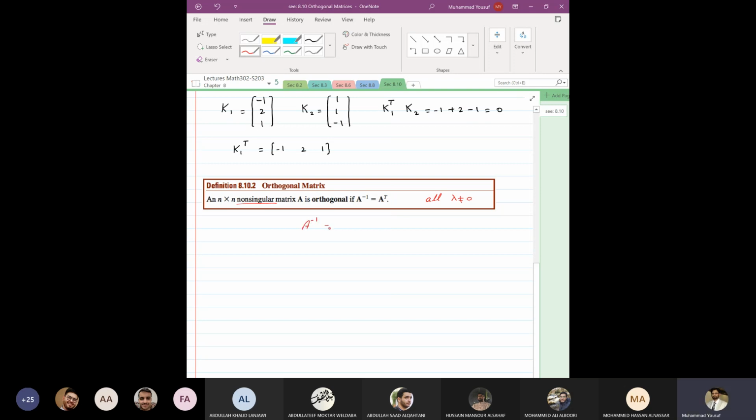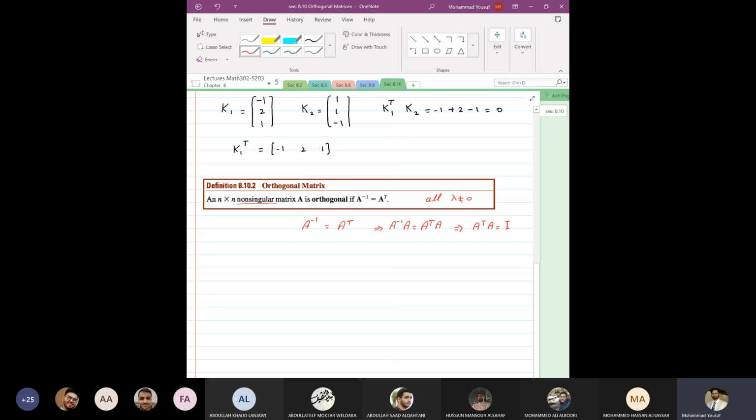If A inverse is equal to A transpose, then this implies, multiply A inverse by A transpose by A, and this implies A transpose A is equal to identity.